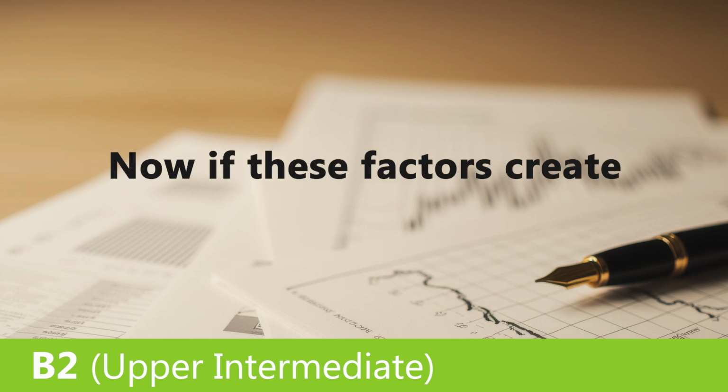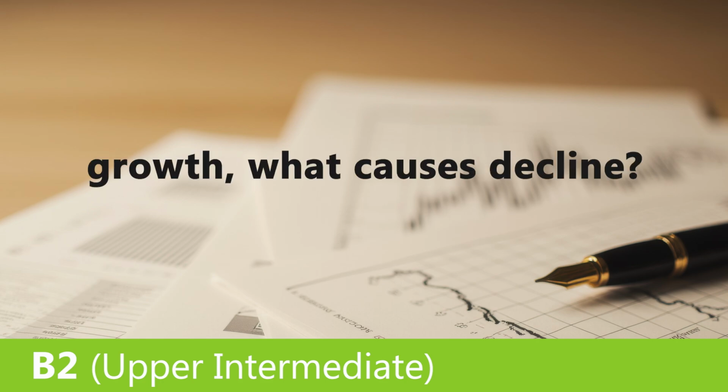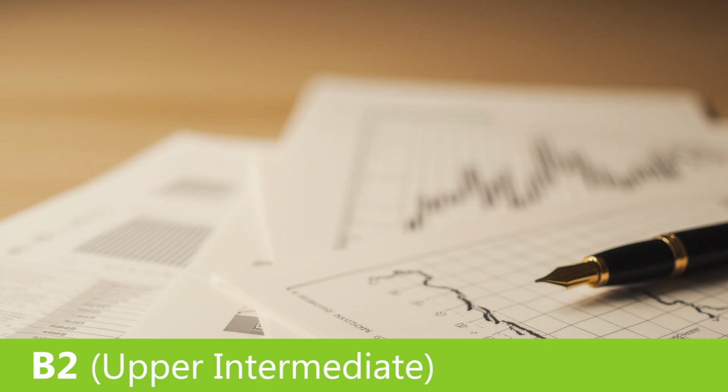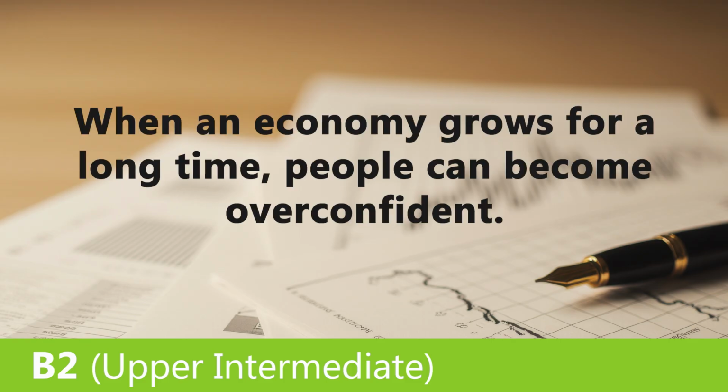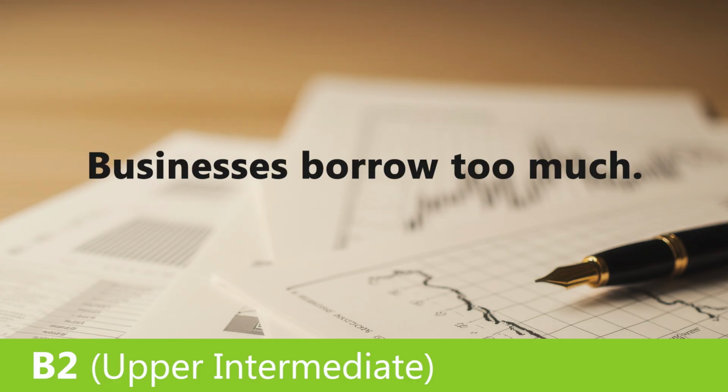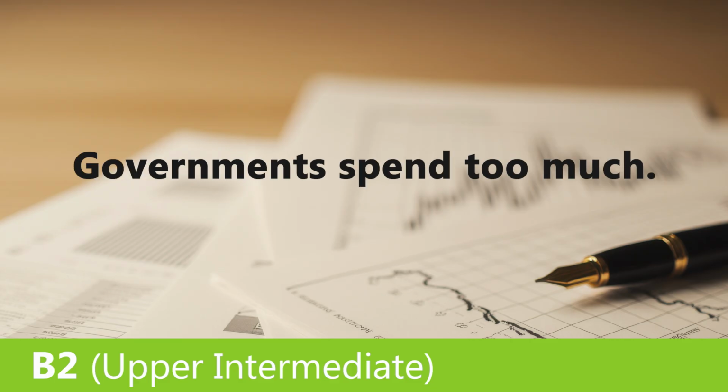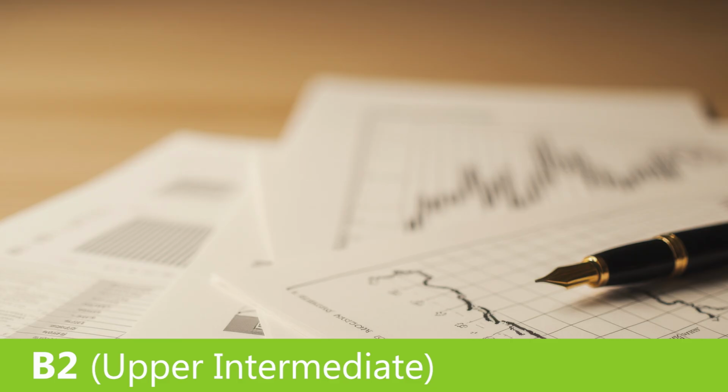Now, if these factors create growth, what causes decline? The first common reason is that growth can create its own problems. When an economy grows for a long time, people can become overconfident. Businesses borrow too much. Governments spend too much.